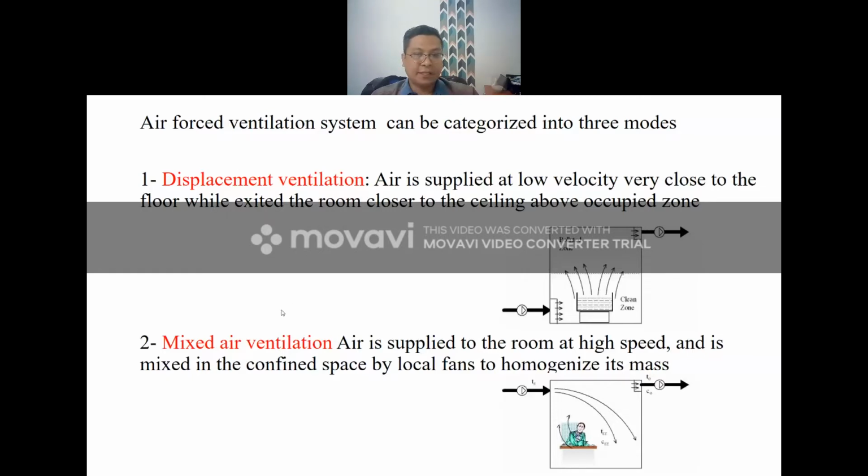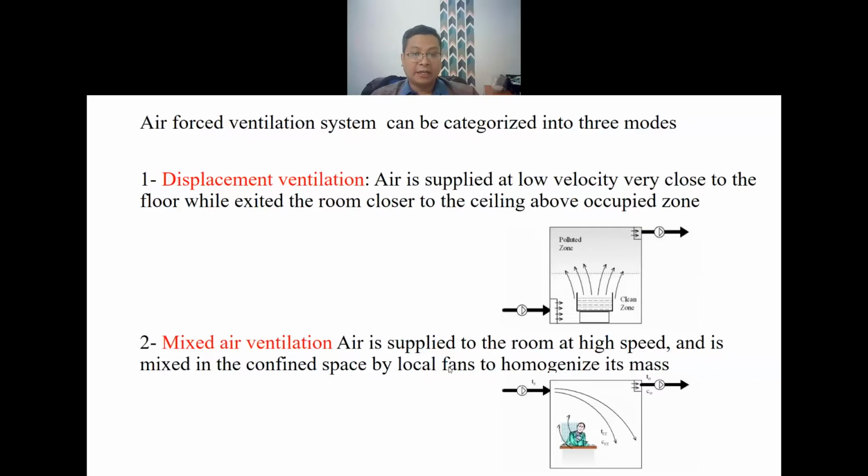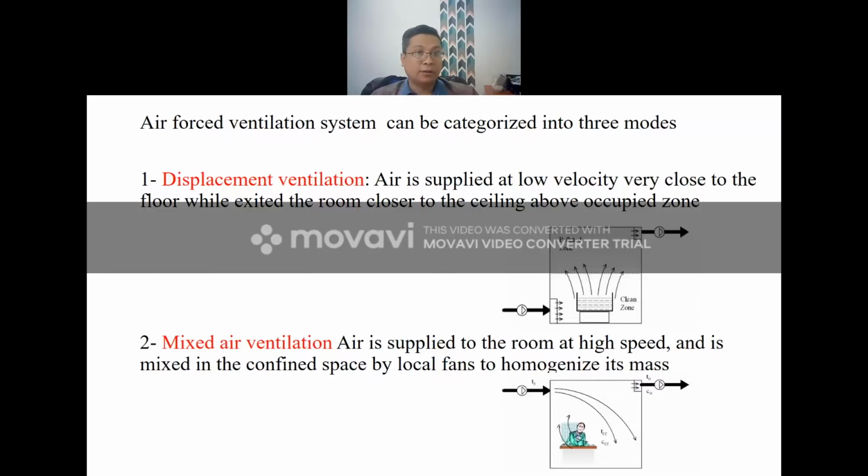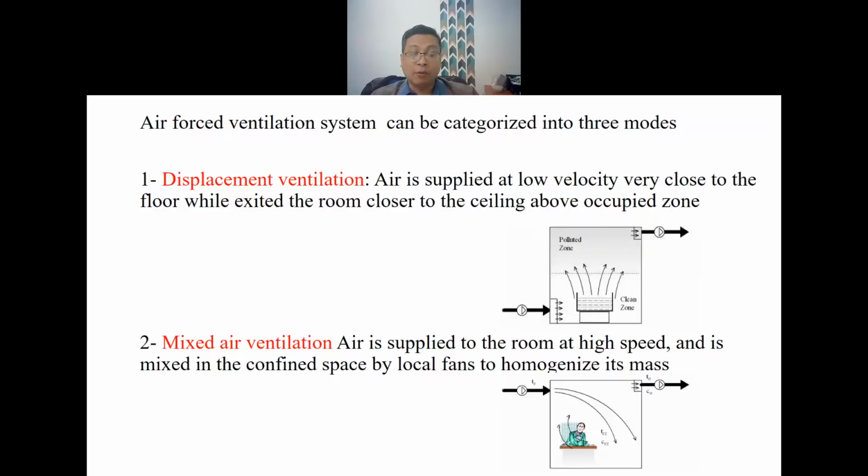Okay, this type needs another device from the outside for air distribution. So we have local fans, attached in the zone or room. For example, in our mosque, they implement this type.